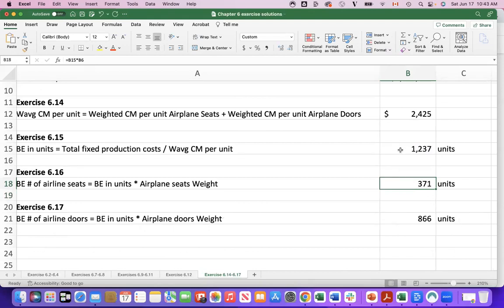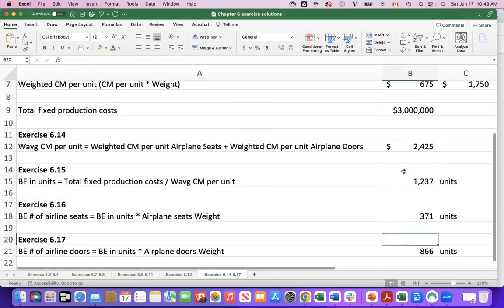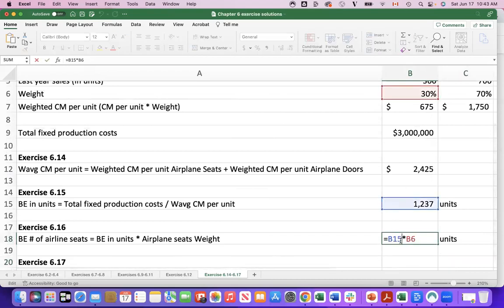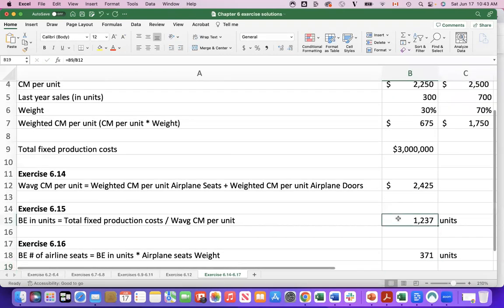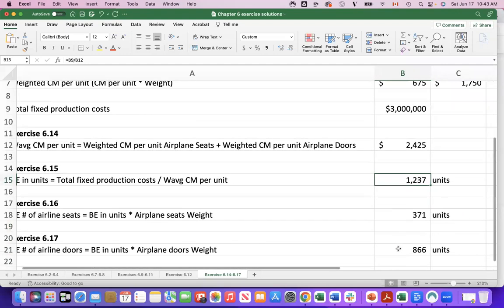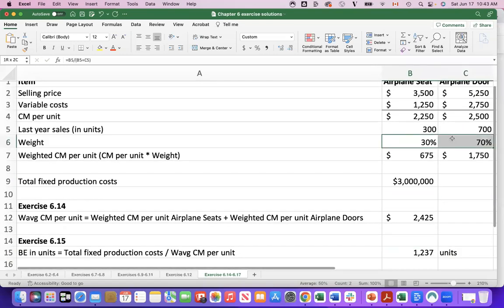So we just take the total break-even point in units, we multiply it by the weight allocated to the seats, which was 30%. So 371 of the 1,237 is going to be seats. 70% of this number, the 1,237, is going to be the doors. Because again, the assumption is that this mix, this weight, will remain constant.